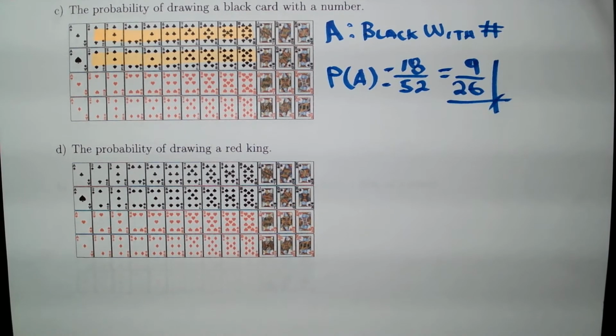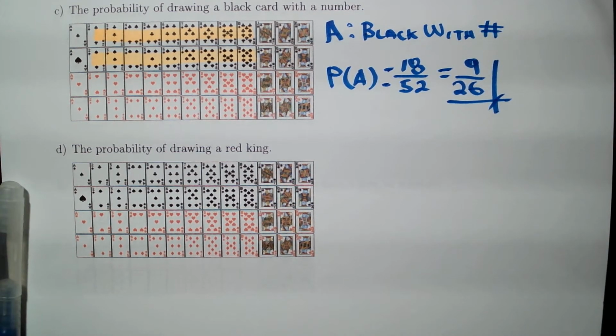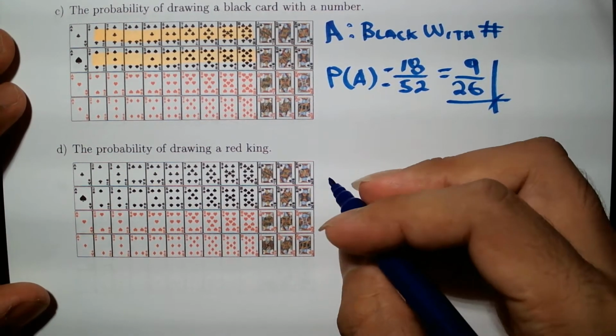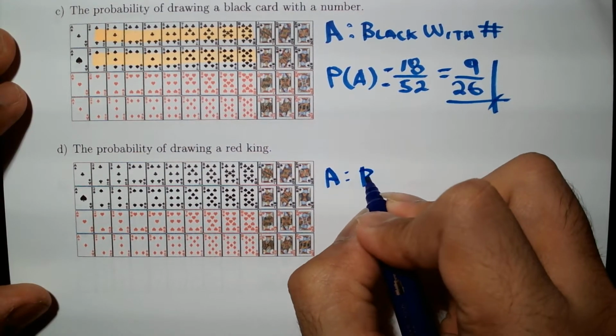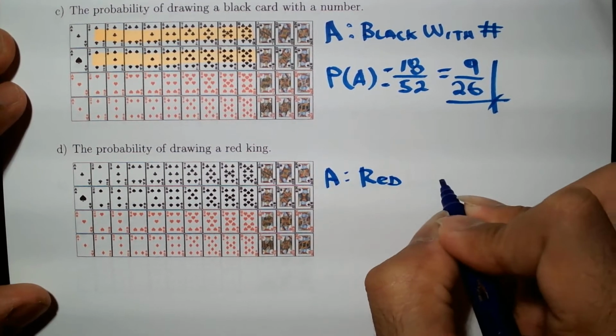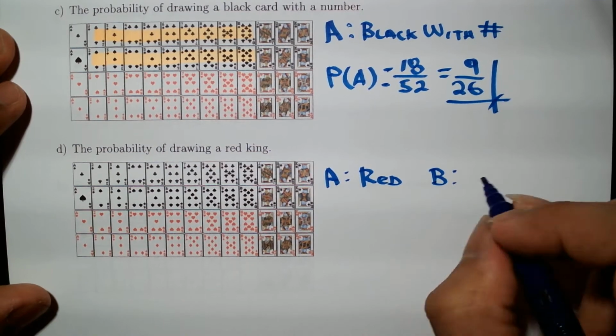Now the question is, what is the probability of drawing a red king? Well, in the previous example, I didn't do it the intersection way. I'm going to do it the intersection way, for example. Okay, I'm going to call A to be red and B to be king.